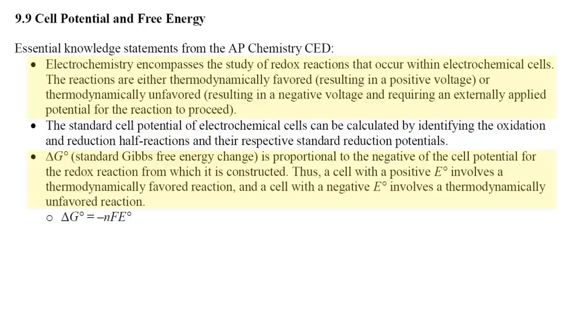So the delta G is proportional to the negative, or the opposite sign, of the cell potential. If you had a positive cell potential, then that would be thermodynamically favored. But in this example, we have a negative cell potential. Therefore, the process is not thermodynamically favored.